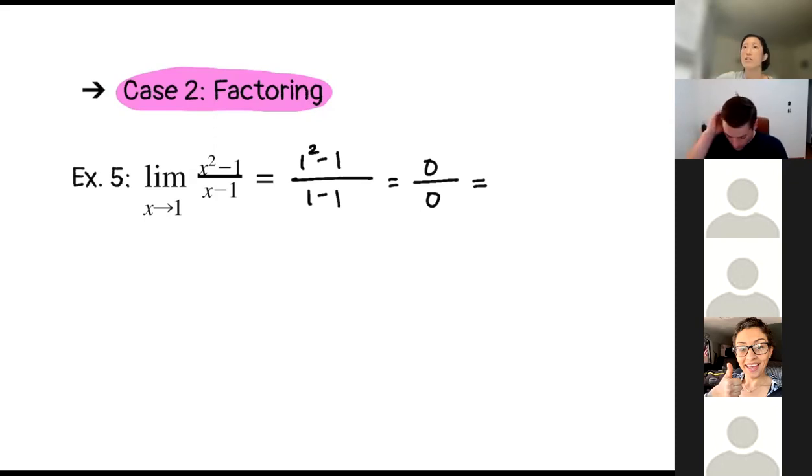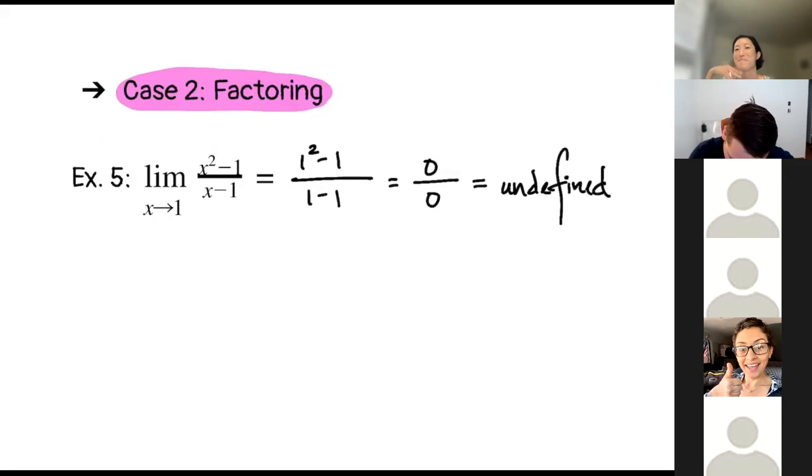The 0 on the bottom is the problem. Now, wouldn't it be nice if we could just write undefined and be on our merry way, except it turns out we can figure out what it gets close to.